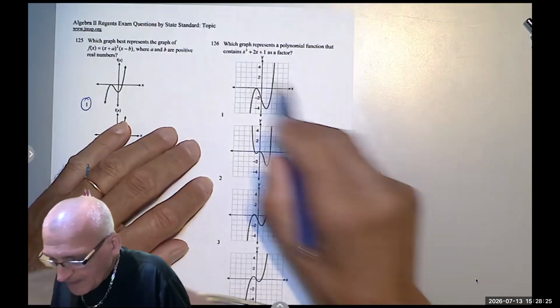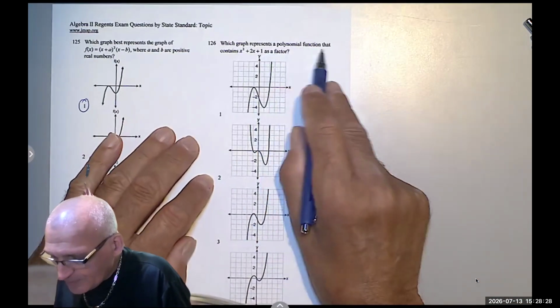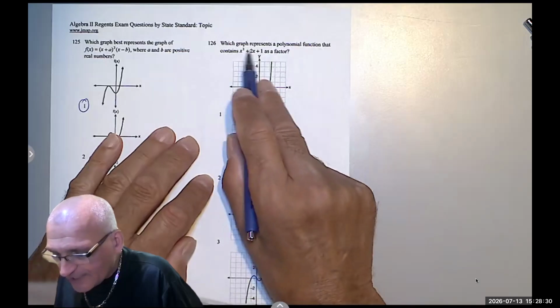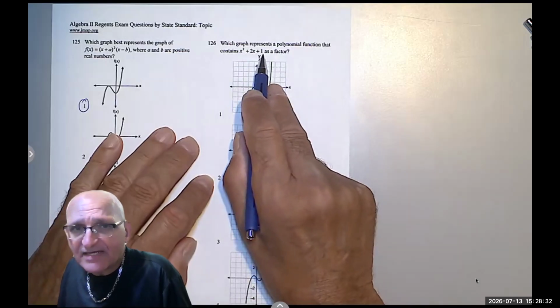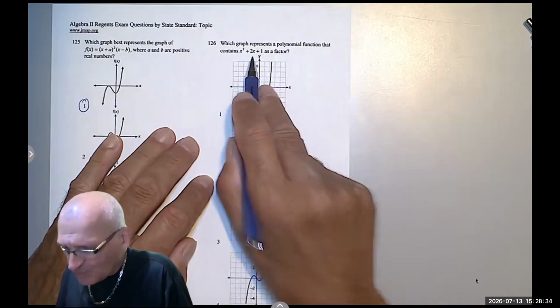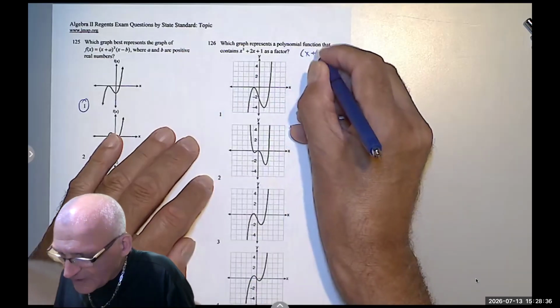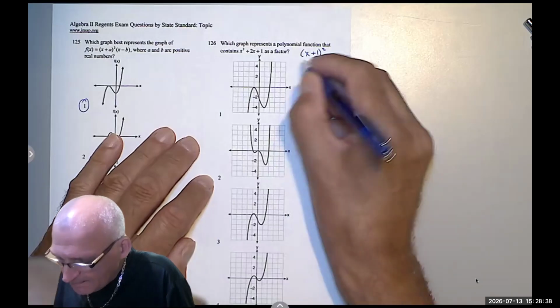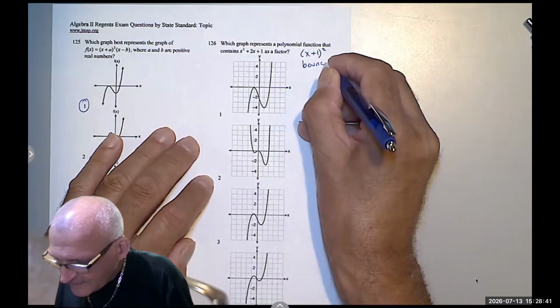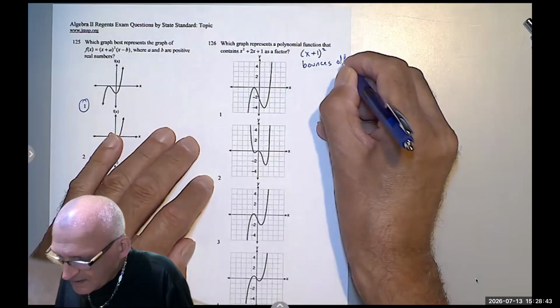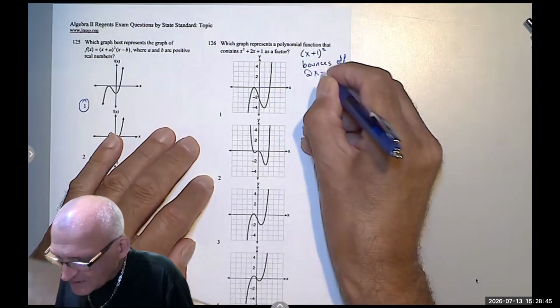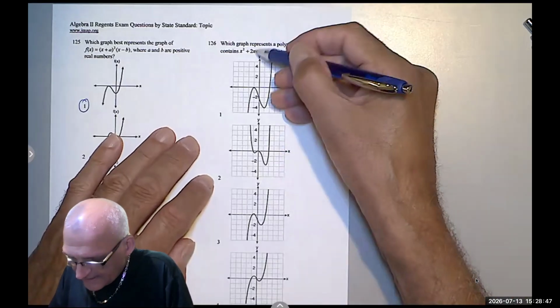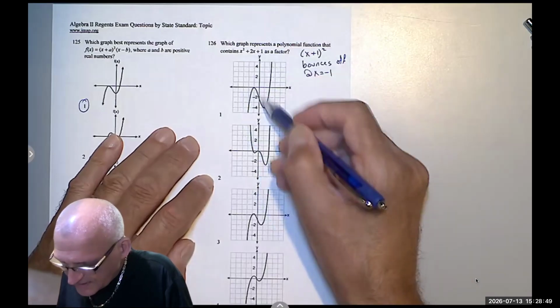Last one. Which graph represents a polynomial function that contains x squared plus 2x plus 1 as a factor? Perfect square. X plus 1 squared, meaning it bounces off at x equals -1. I look at -1. This one bounces back.